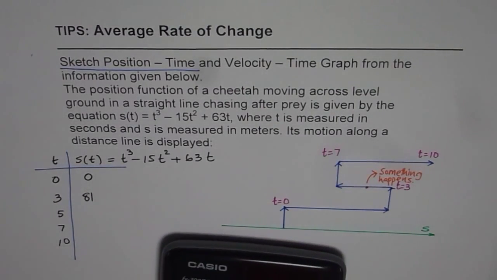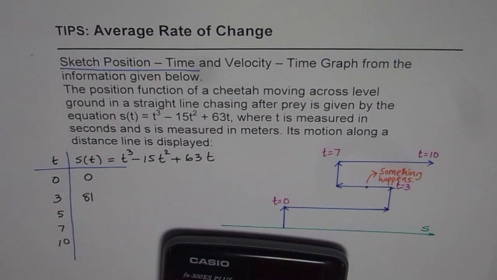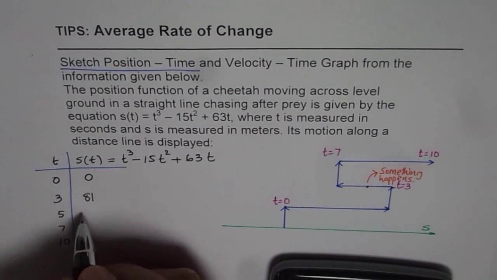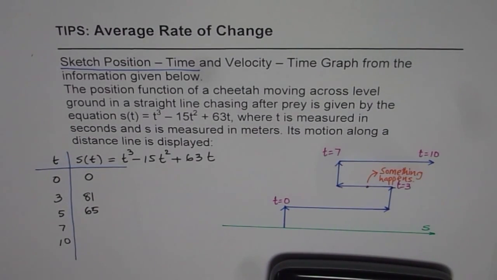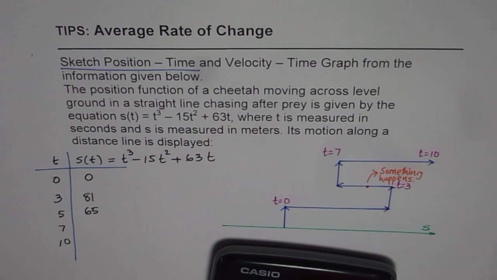Let's substitute 5 now. So we get 5 cubed minus 15 times 5 squared plus 63 times 5, and that is equal to 65. Let me write 65 at this place. At 7, we'll again use the same formula. 7 cubed minus 15 times 7 squared plus 63 times 7, and this is equal to 49.